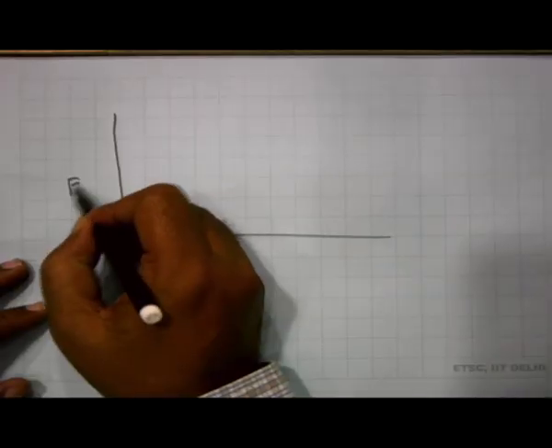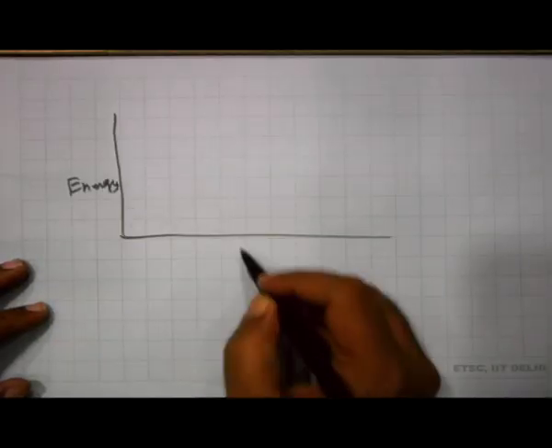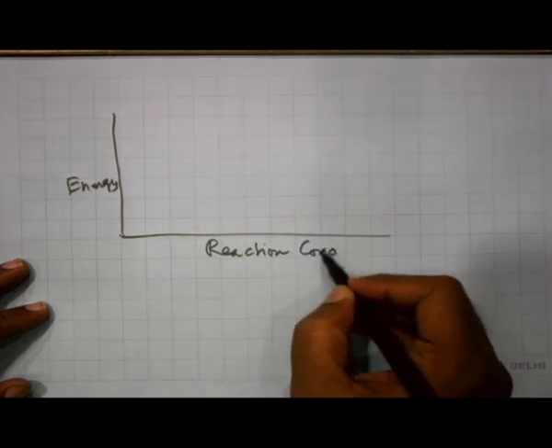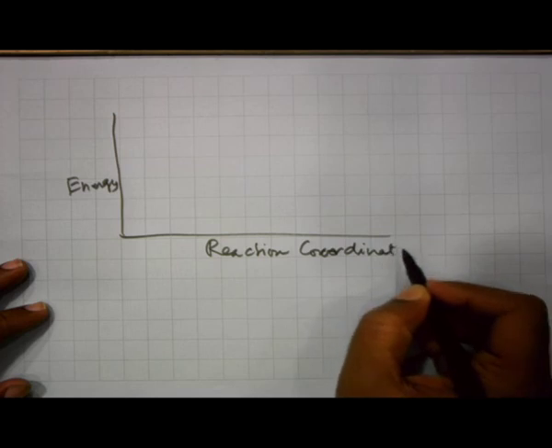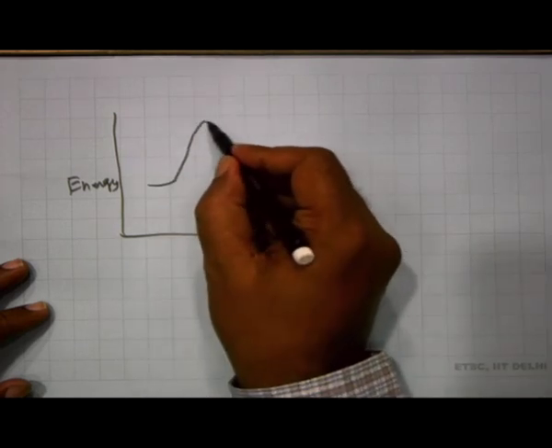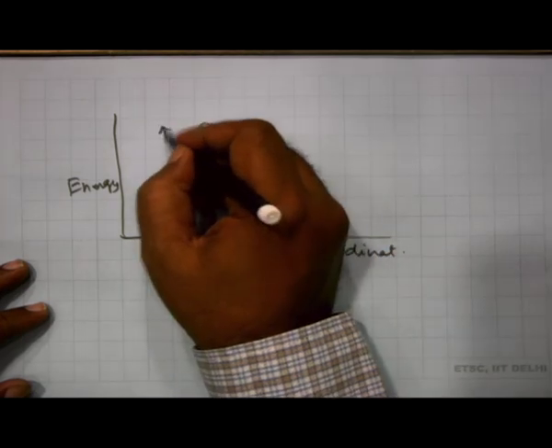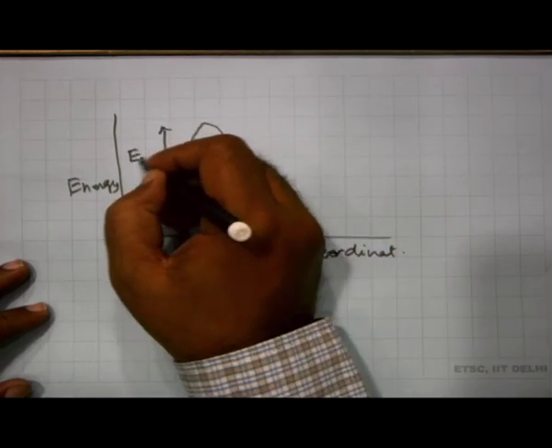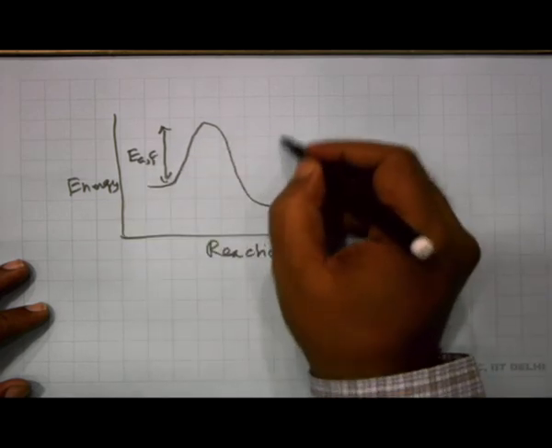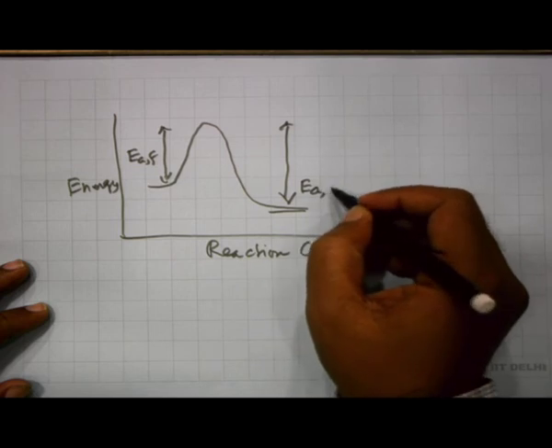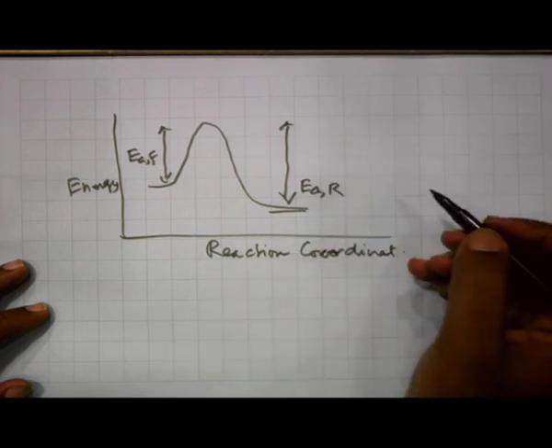You can understand this from here. So, what happens is that you have energy versus reaction coordinate, or extent of reaction. You have this kind of curve when there is no catalyst, and this is the activation energy for the forward reaction, this is the activation energy of the reverse or backward reaction.